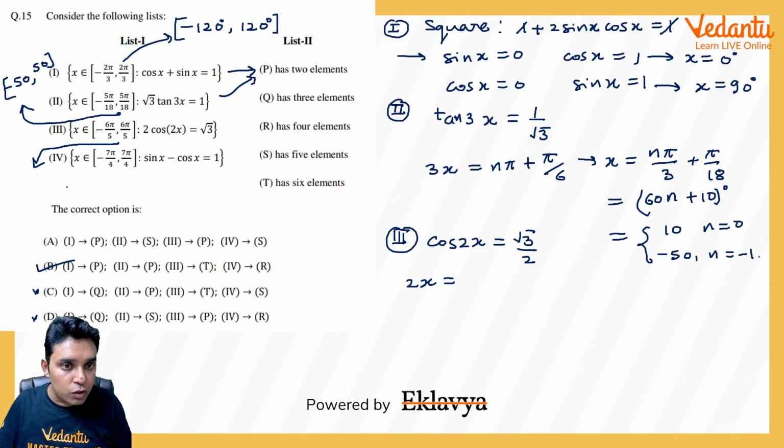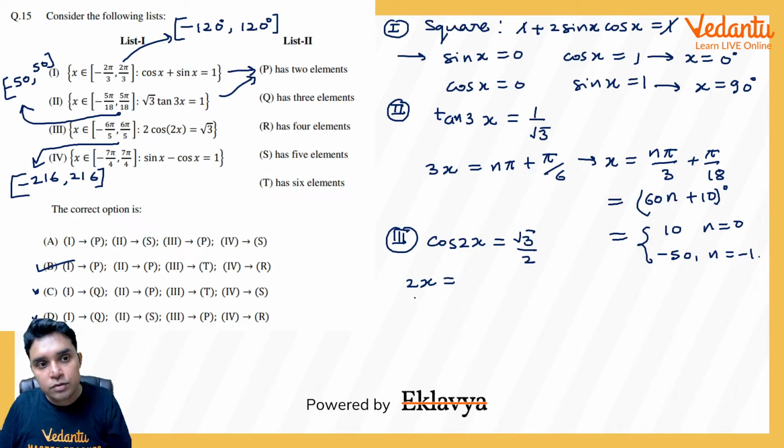Pi by 5 is 36, 36 into 6, yeah, 216. So minus 216 to 216. Because cos x is an even function, we find only positive values and then multiply, and if 0 is there then add it separately. But here 0 is not the solution.